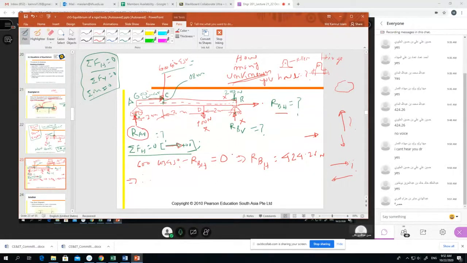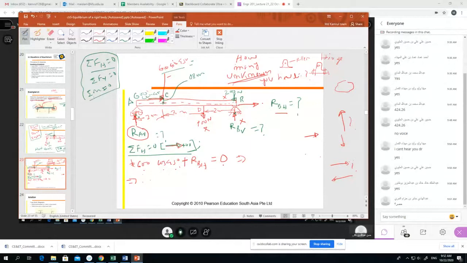If you select right side, this is plus 600 cos 45 degree, and this force RBH is now a plus sign.